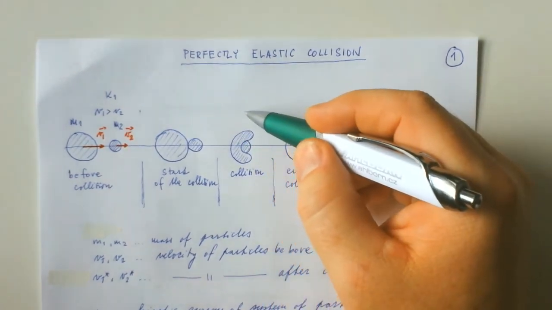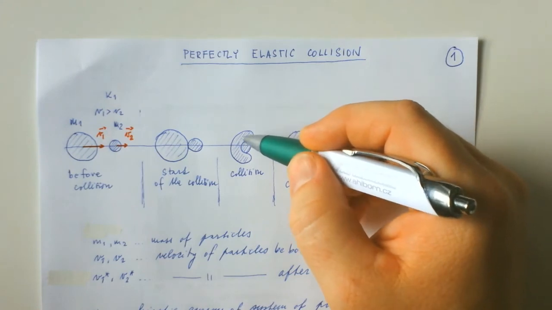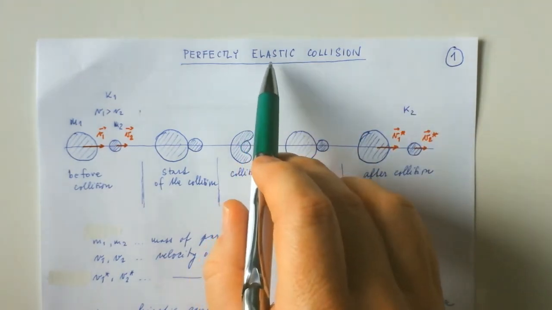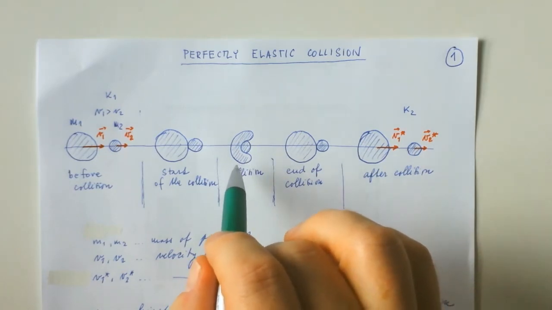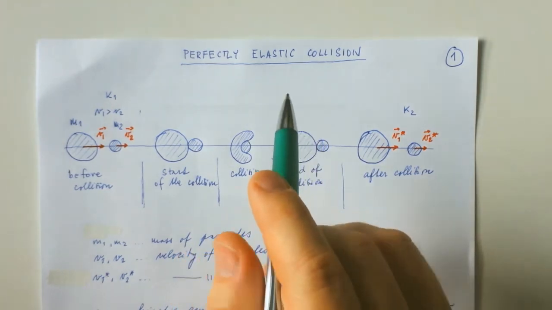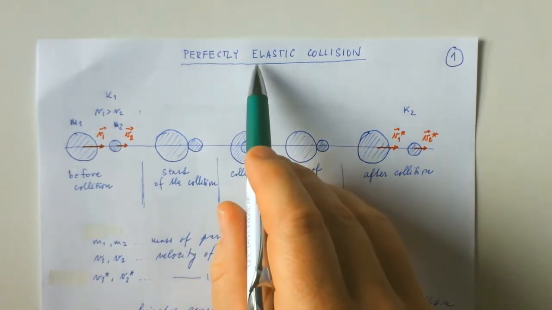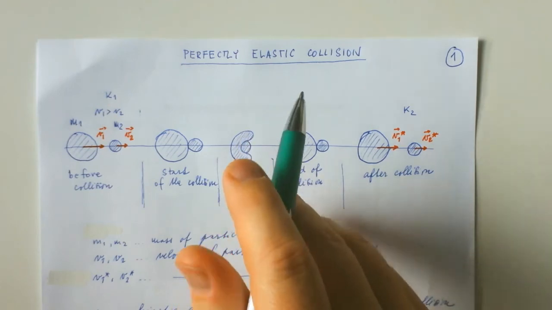And what happened here? Because the bodies are considered as particles, but every particle is in fact a small body. So for elastic deformation, you can imagine some spring.